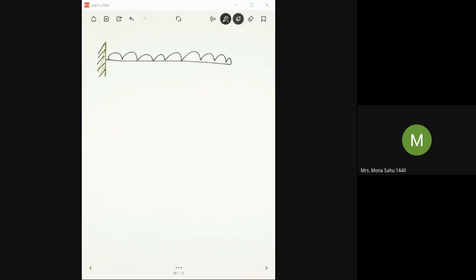There is a point load, and this is the extra problem that we have. Okay, so I'll give you time till Friday to submit cantilever. Okay, so please submit that.